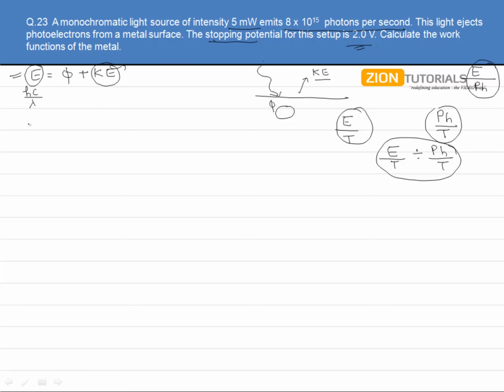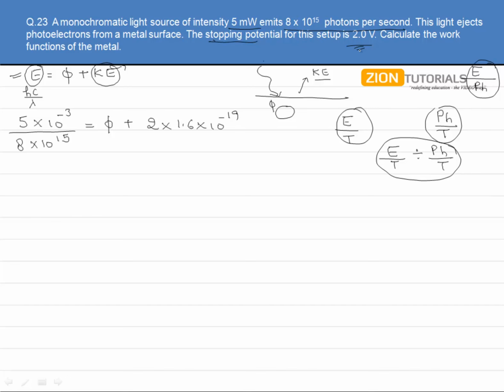So what I can write over here is 5 into 10 to the power minus 3, this is the watt, upon 8 into 10 to the power 15 is equal to phi plus kinetic energy, which is 2 into 1.6 into 10 to the power minus 19. Why?